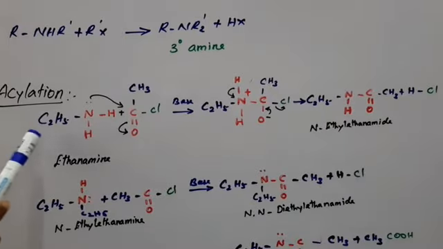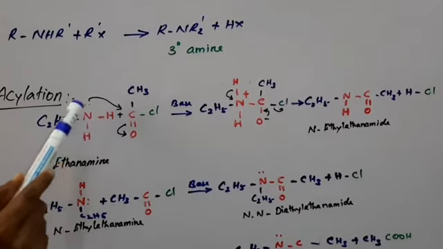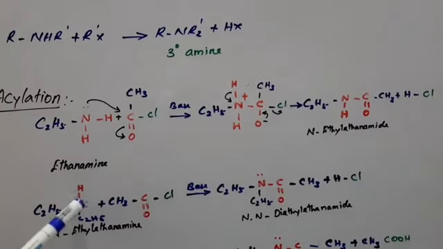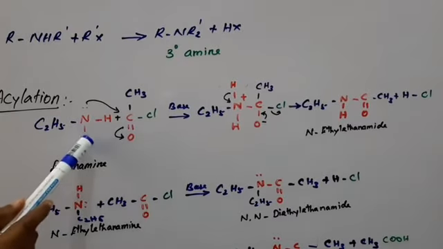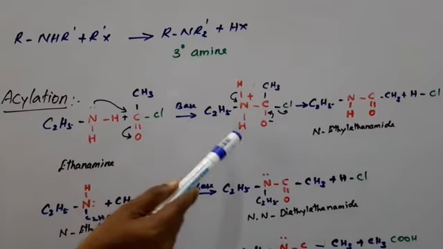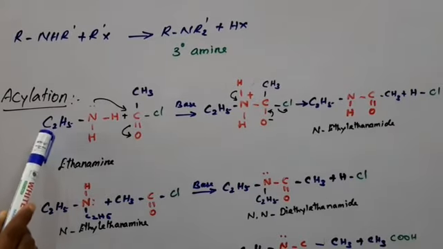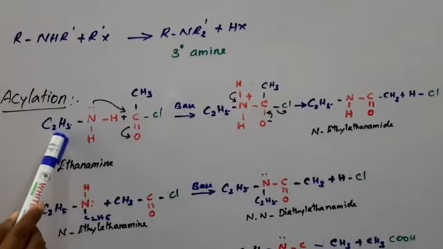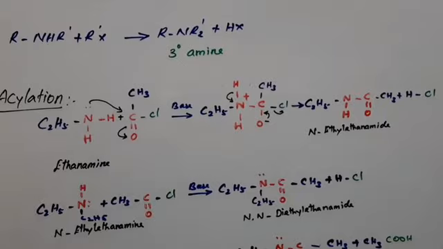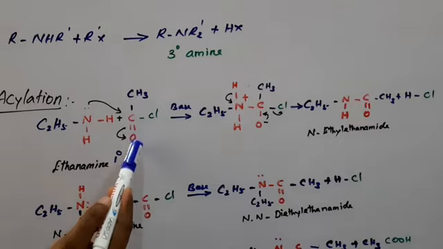See here, this is ethanamide. Acylation is the replacement of the hydrogen in the NH2 or NH group by the acyl group. In the presence of base we get ethanamide. Here you see ethanamine, an amine containing an ethyl group. This is a primary amine, and it reacts with the acid chloride CH3COCl.